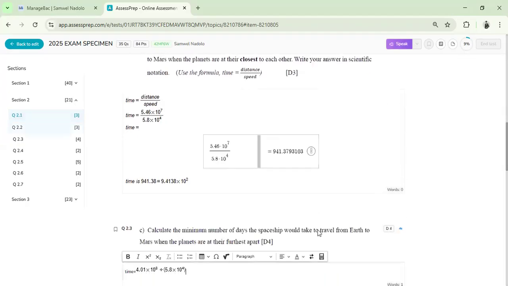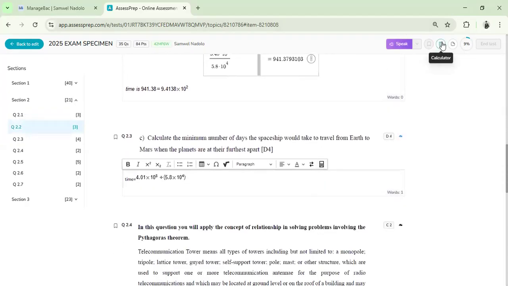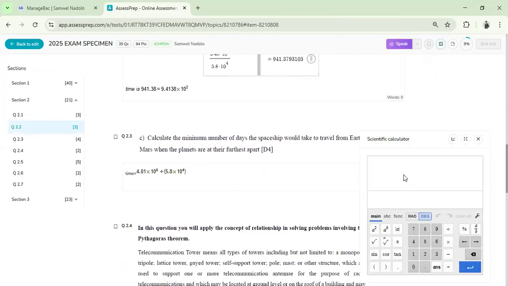Then you will go to your calculator, pick the calculator here, and write as a fraction first.